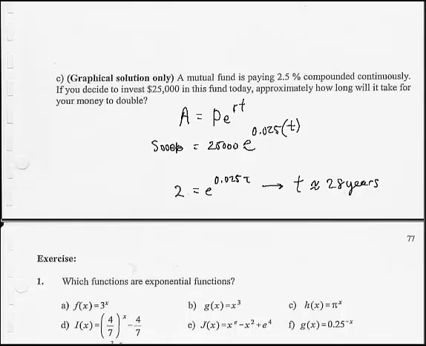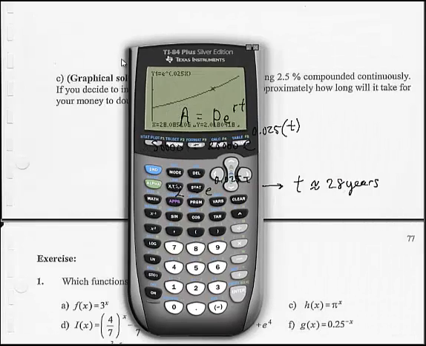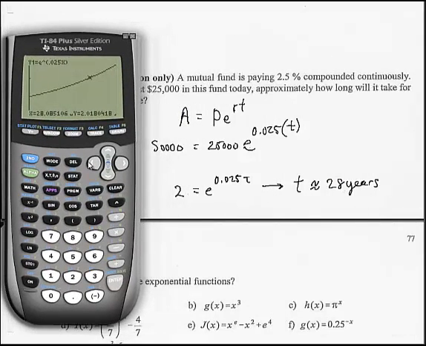And you'll get the same 28 years either way you go. We just have to enter a different function into our y editor. So I will insert 25,000 in front of it, hit enter, graph.